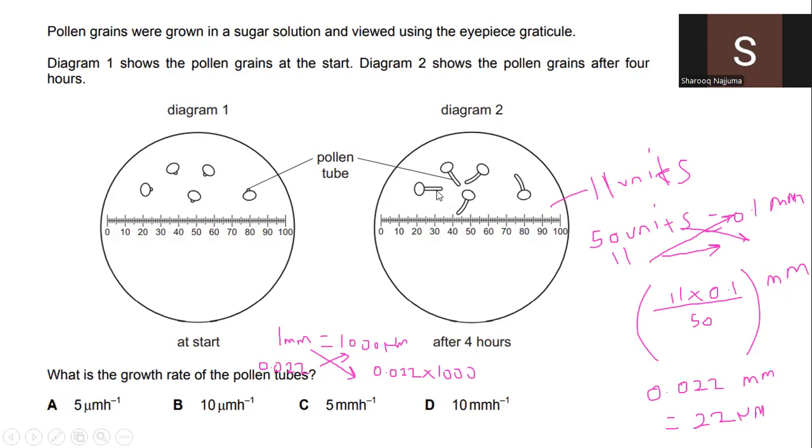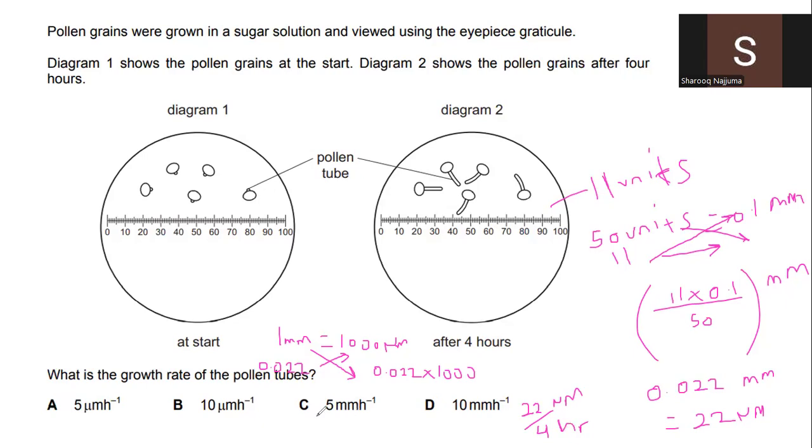So we are going to get the length of the pollen tube and divide by the time. The answer is going to be 22 divided by 4. But remember, you're dividing micrometers by hours.